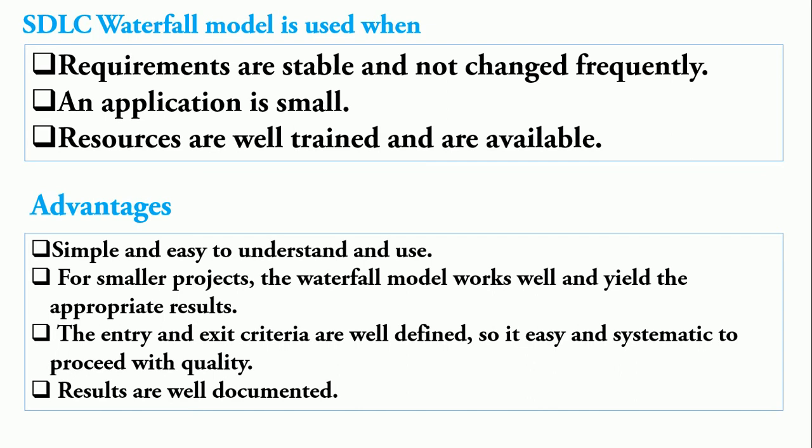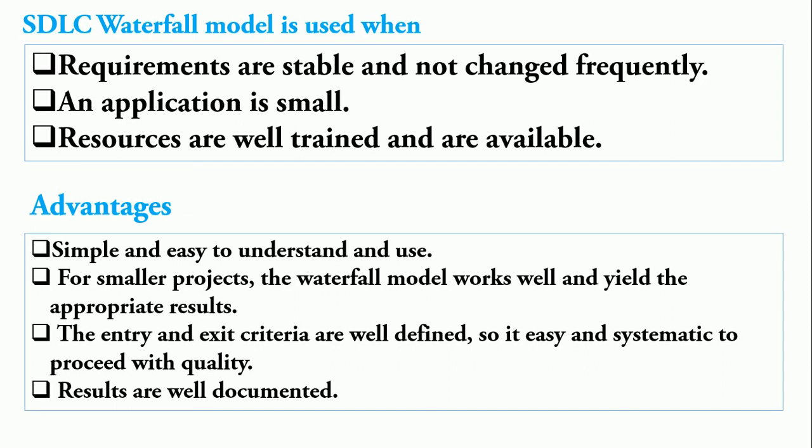Now there are a few advantages of this model. It is easy to understand, because it has 7 stages, and the stages are very simple. First analysis, then system analysis, then coding, testing, then deployment, maintenance. So it is useful for small projects.